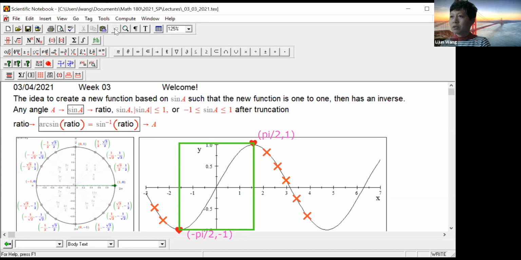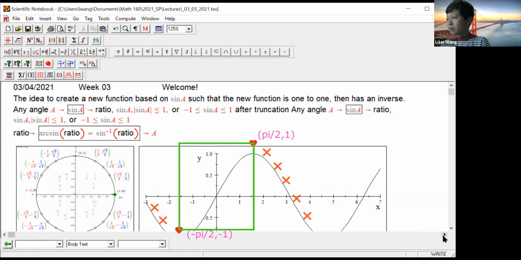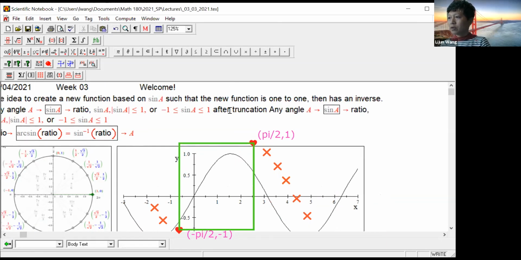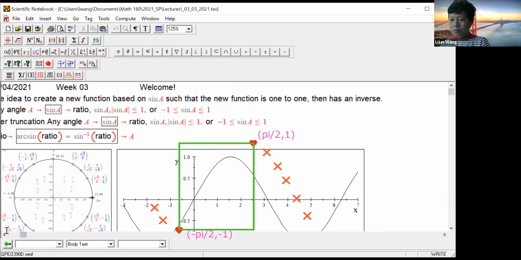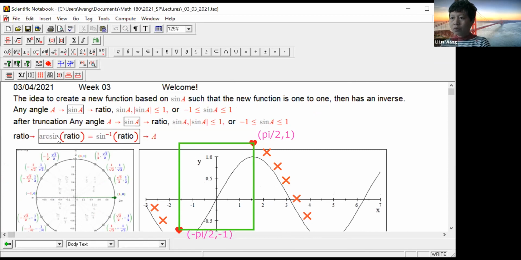Right, so let's see what's being changed. After truncation, the domain has changed. It's no longer any angle.